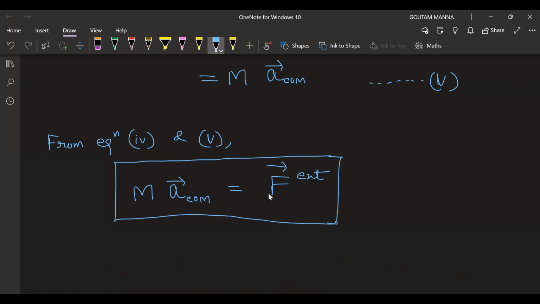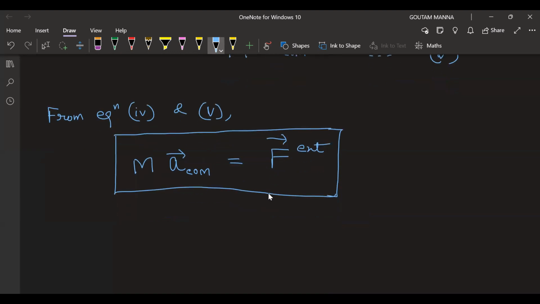So you only need to account for the external force, and you can study the motion of the center of mass. Basically, you can treat the entire system as a single particle of mass M concentrated at the center of mass, and you can study its equation of motion.